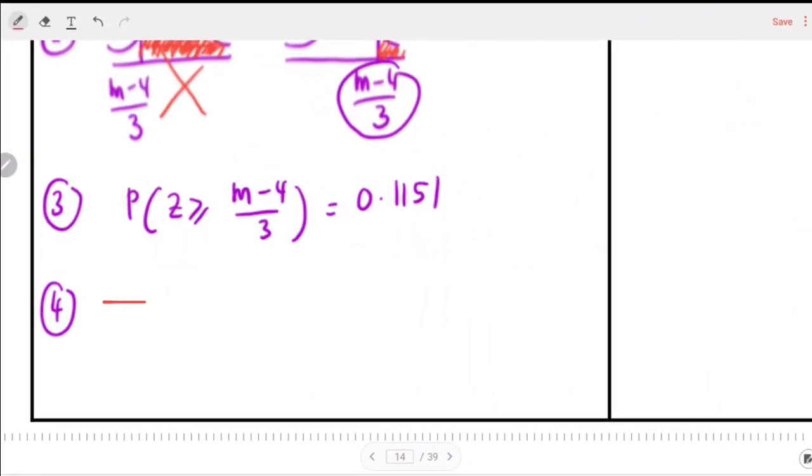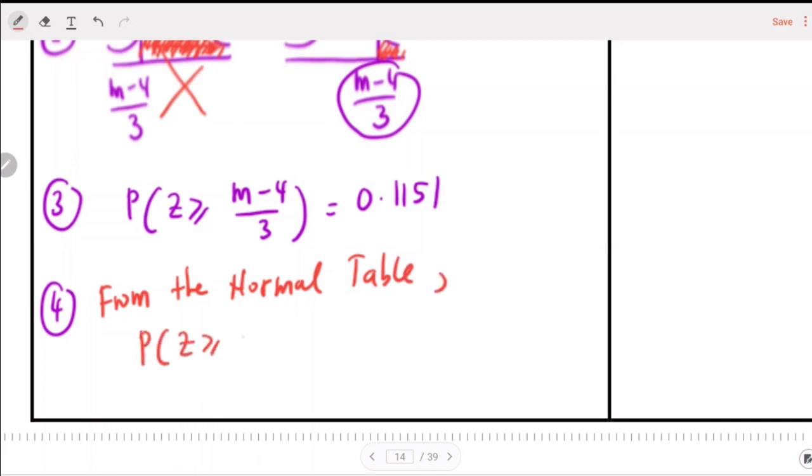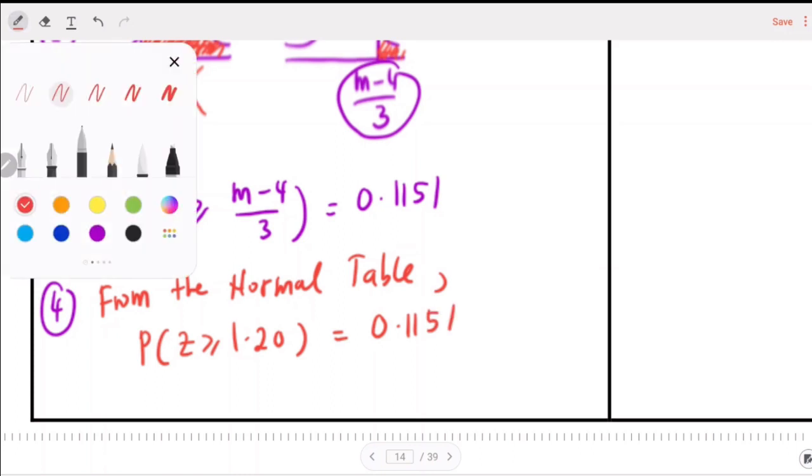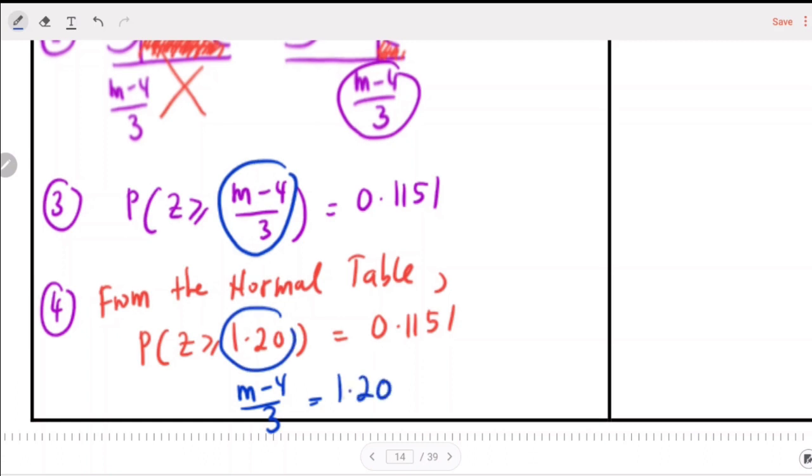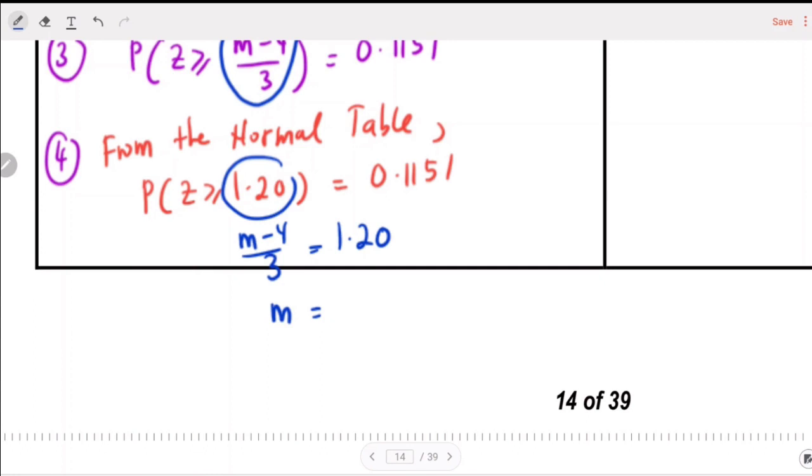So from the standard normal table, we could see that Z greater than or equal to 1.20 will give us the probability of 0.1151. And then we compare m minus 4 over 3 is equal to 1.20, and then rearrange until we get the value of m, which is 7.6.